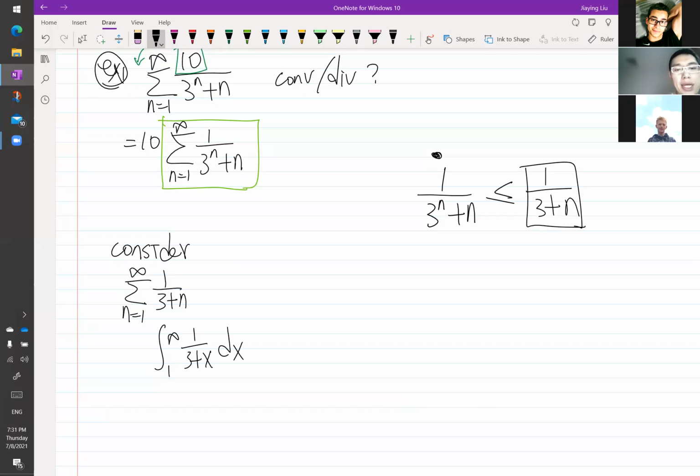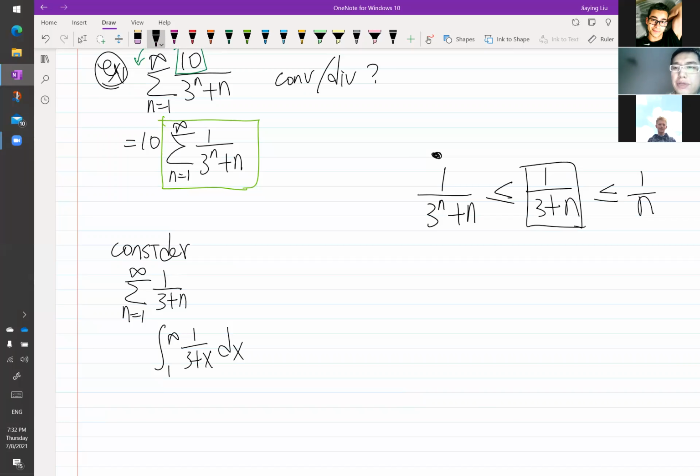I can tell you directly that 1 over 3 plus x behaves just like 1 over x. There's no difference there. The reason it behaves like that is because 1 over 3 plus n is less than or equal to 1 over n, because when the denominator gets smaller, the value gets bigger.